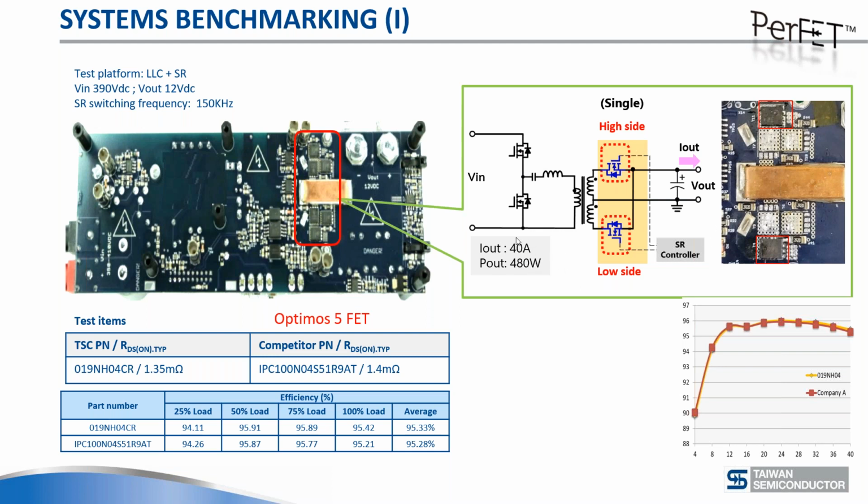The output is 40 amps, and the output voltage is 12 volts. This is actually not a design that's easy on the MOSFET. It challenges the MOSFETs quite a bit, 40 amps here. And the switching frequency of 150 kilohertz is also a reasonable benchmark.